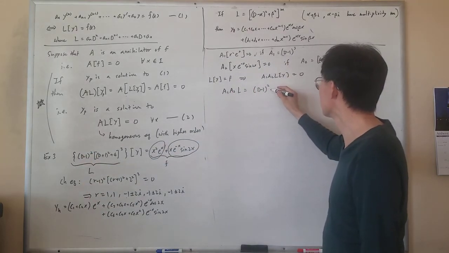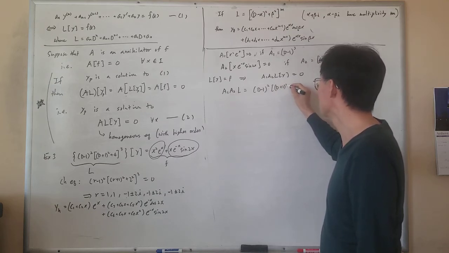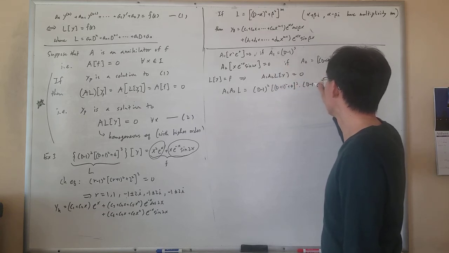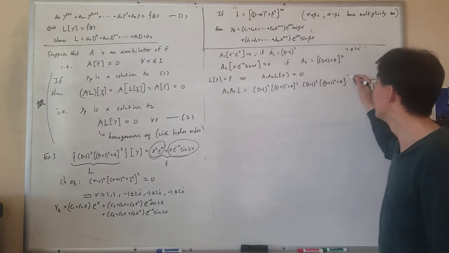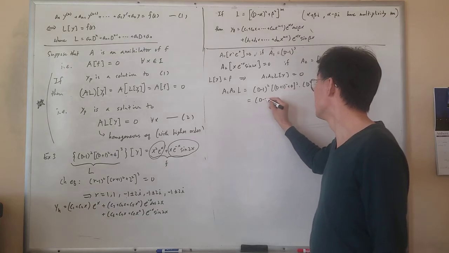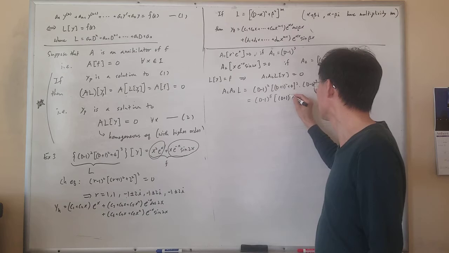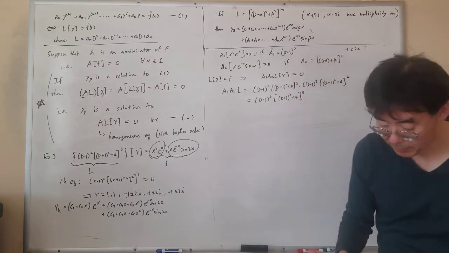And I'm going to just copy: (D plus 1) squared plus 4 to the third power, and (D minus 1) to the third, and (D plus 1) squared plus 4 squared. So in the end, (D minus 1) to the fifth power, (D plus 1) squared plus 4, also to the fifth power. All right?